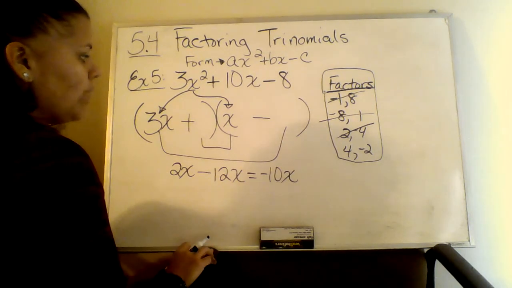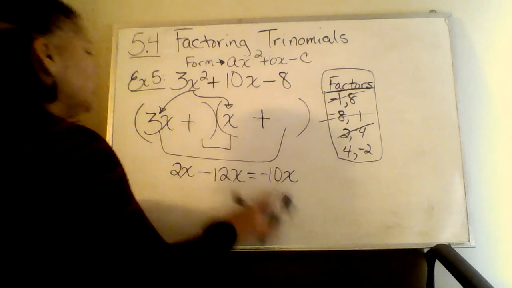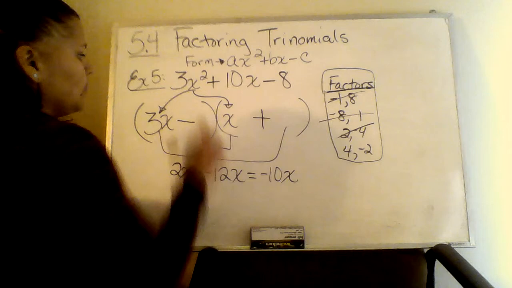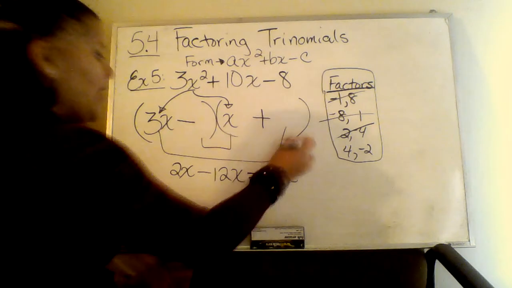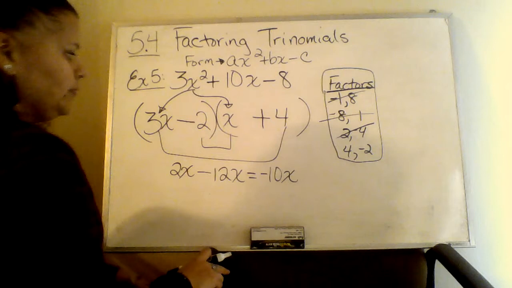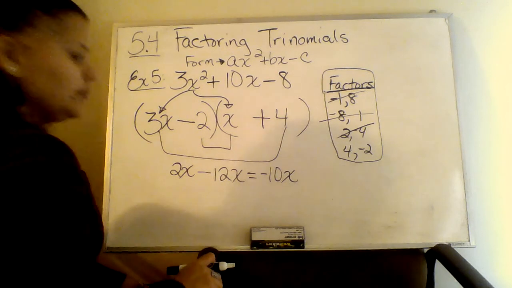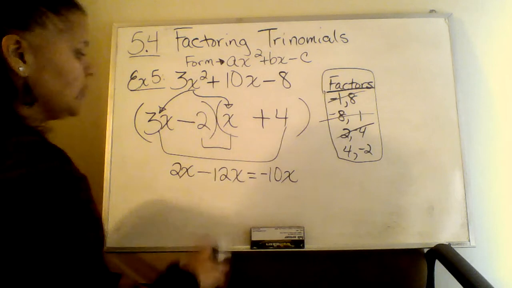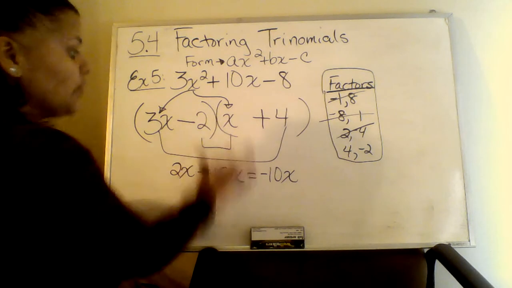So what I'm going to do is change this to my positive and this to my negative. So now my 4 is going to be the positive and my 2 will be the negative. So I just changed the signs. You can mess around with the signs as well. It doesn't matter which box they go in. It just matters for your final result.